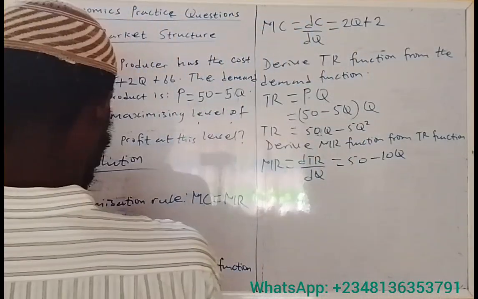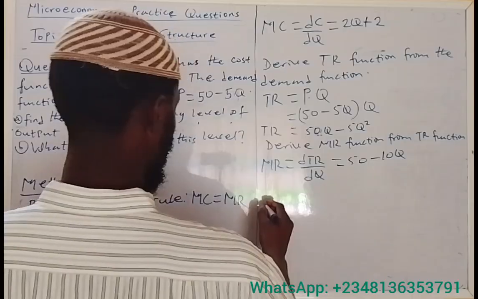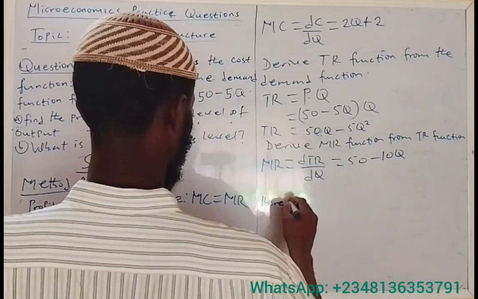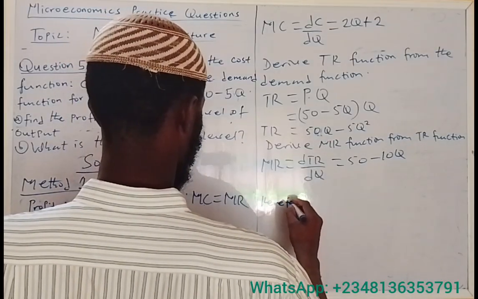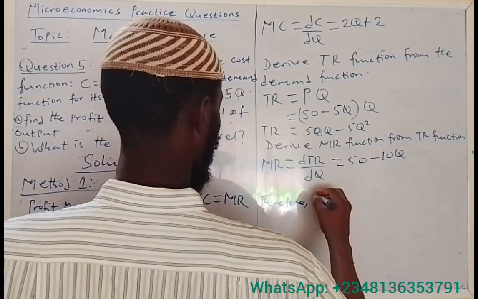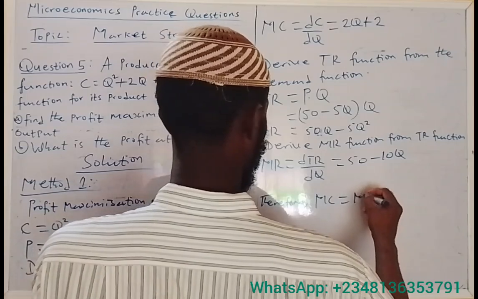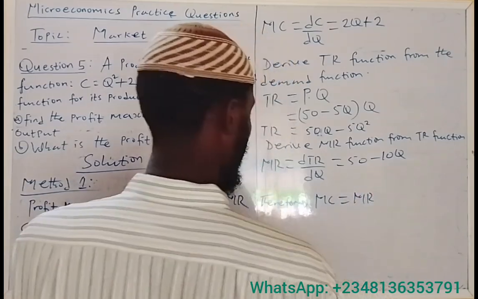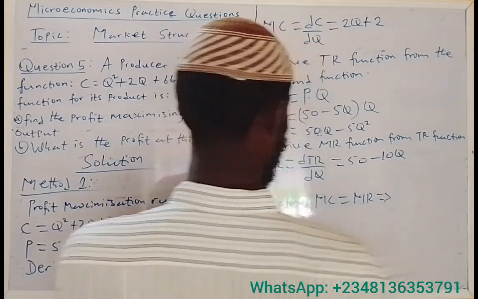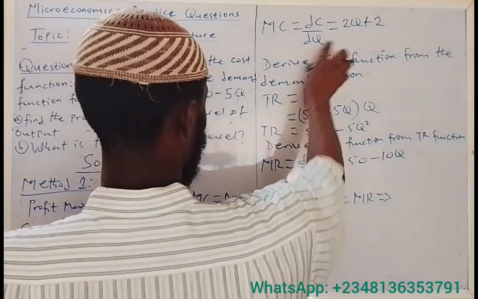Okay, now we go back to the profit maximization rule. Therefore, MC equals MR. What's our MC? We have derived it earlier.